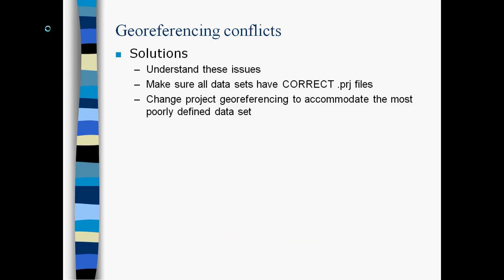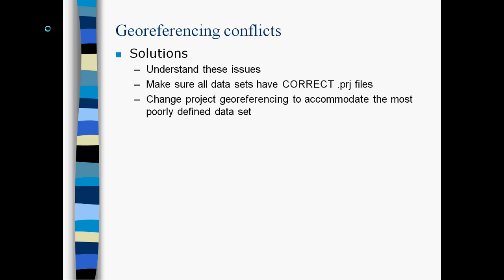What's a process by which georeferencing conflicts can be resolved? First thing is to understand the rules, so to speak. Secondly is to use the proper methodology, which I haven't shown you yet, but if it ever comes up, you'll at least know what to ask for in your job or in a future course. Make sure that all your data files have PRJs associated with them and that they are correct.